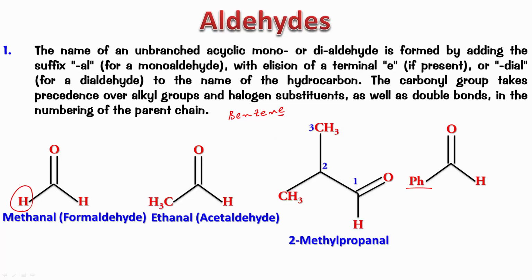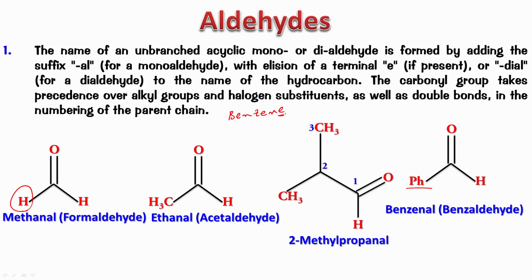We remove the E, put al, it becomes benzenal. And the common name is benzaldehyde, which is also accepted in the IUPAC system. So we have benzenal or benzaldehyde for this particular molecule.